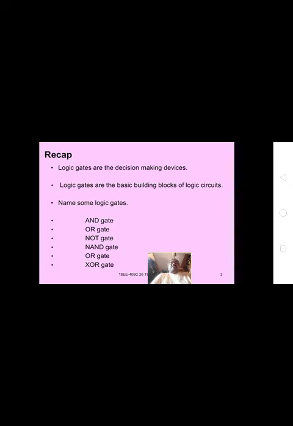As well as other gates are there, NAND gate and NOR gate. These are called universal gates. After that we have special gates also, XOR gate and XNOR gate. These logic gates are the decision making devices. These are the main building blocks for logic circuits also.